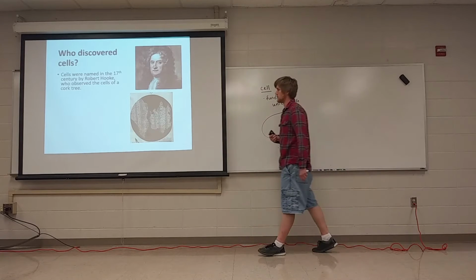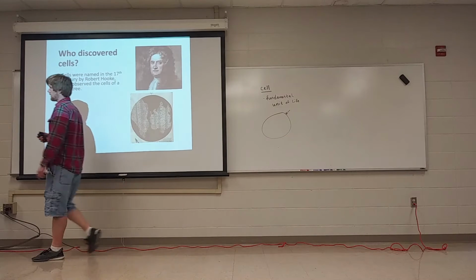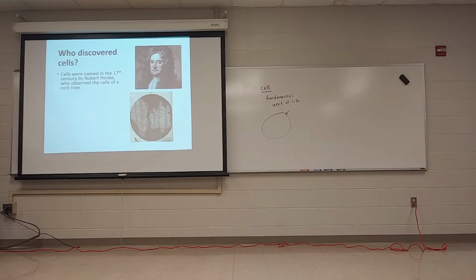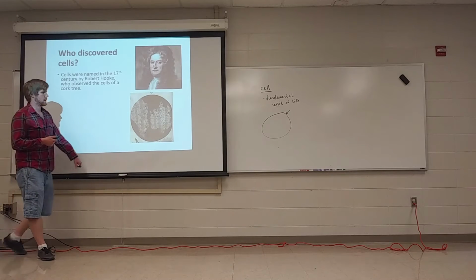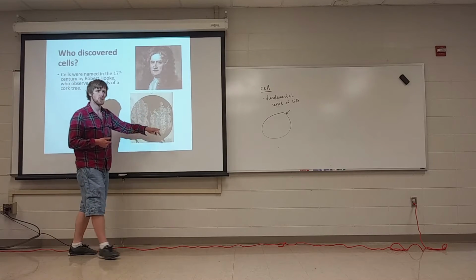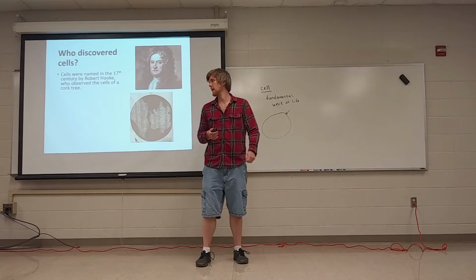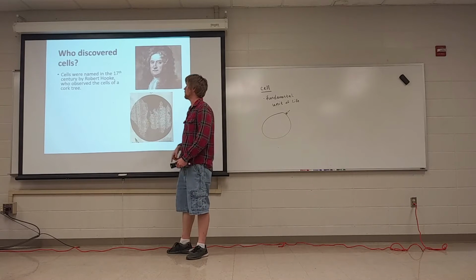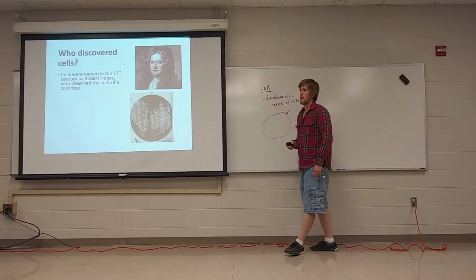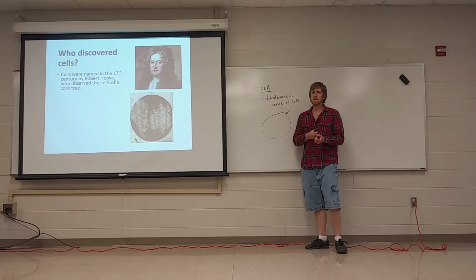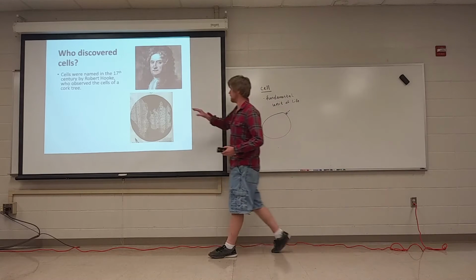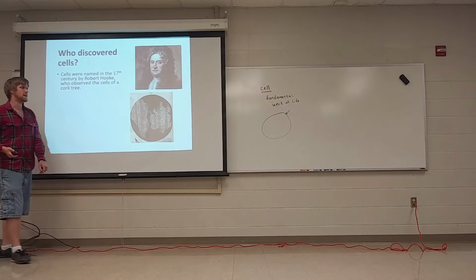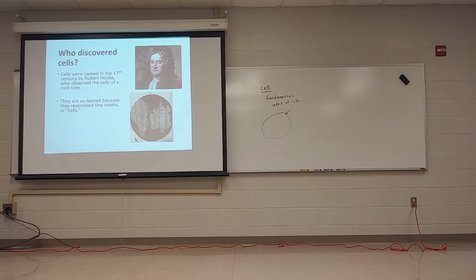He had a microscope, obviously not quite technologically comparable to what we have today, but it gave him close enough views of cork trees that he was able to draw this sketch of cork tree cells. Looking at it from above, the individual cells to him looked like rooms. And so the word cell can also mean a room, like a jail cell, right? And so he named them cells because that's what they reminded him of. They looked like tiny little rooms.